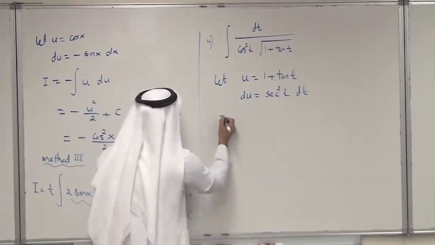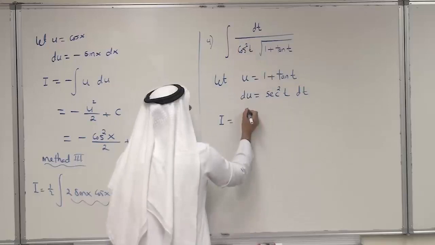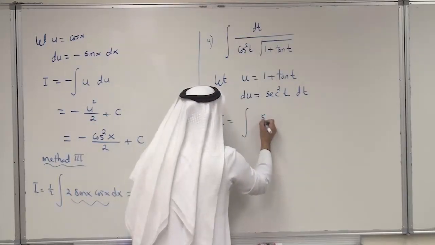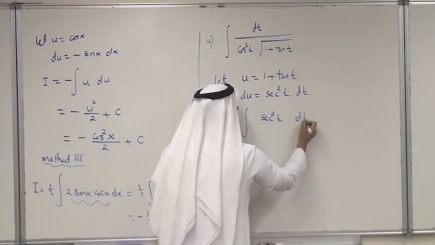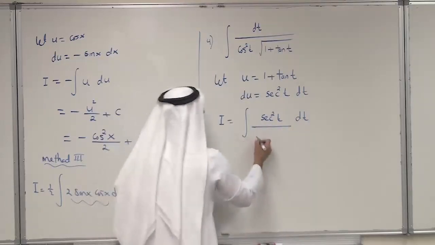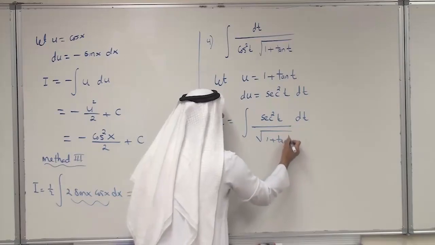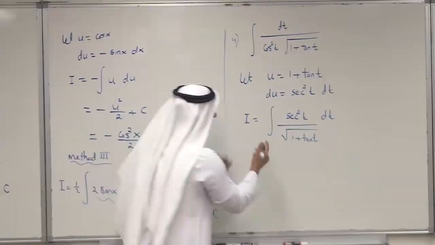Again, going back to the integral we have, what we should do here is just reform it. 1 over cosine squared is nothing but secant squared of t dt, divided by the square root of 1 plus tangent of t. I did nothing here except reform the integrand into another shape.